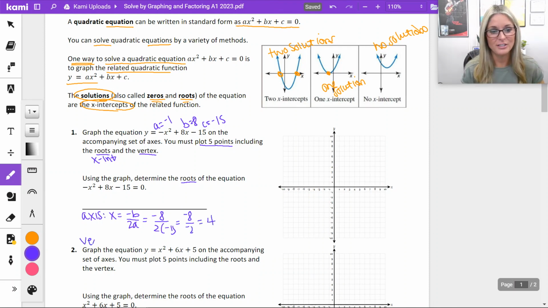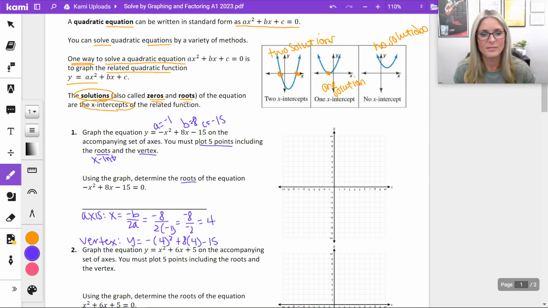Next, you can find your vertex by plugging that axis of symmetry value into your quadratic function. So y equals negative 4 squared plus 8 times 4 minus 15. When I evaluate all that, I get a positive 1. So our vertex is 4, 1.